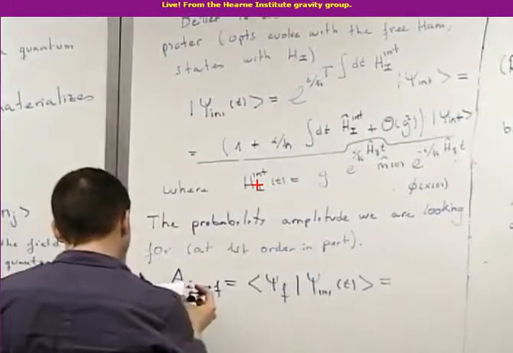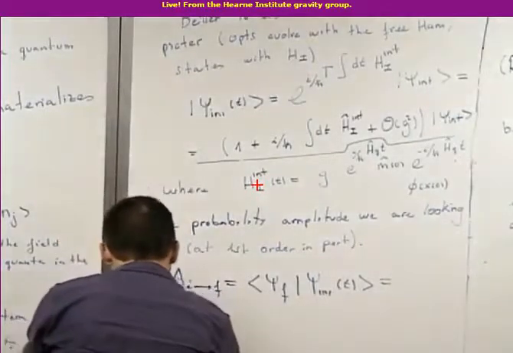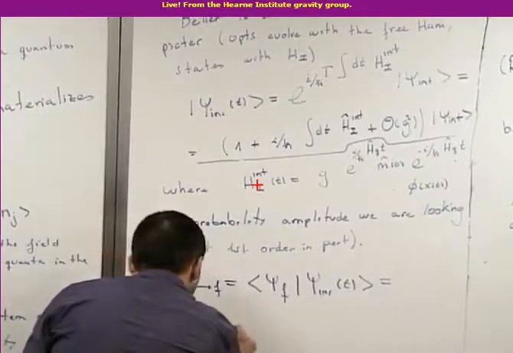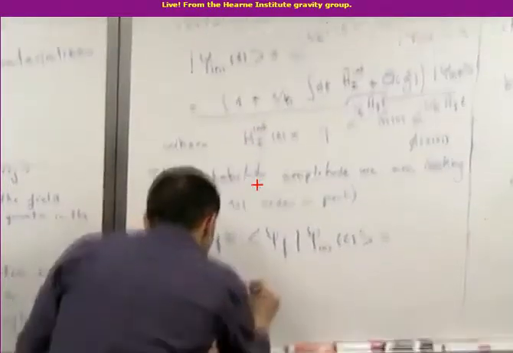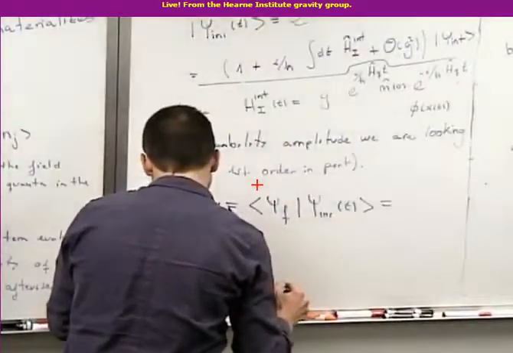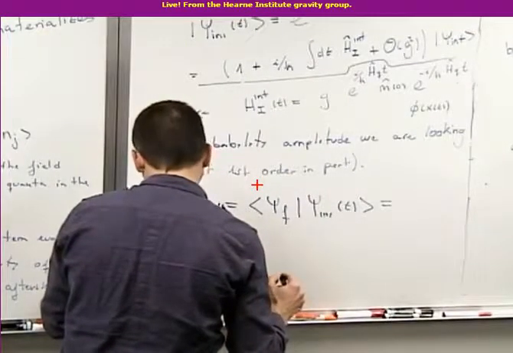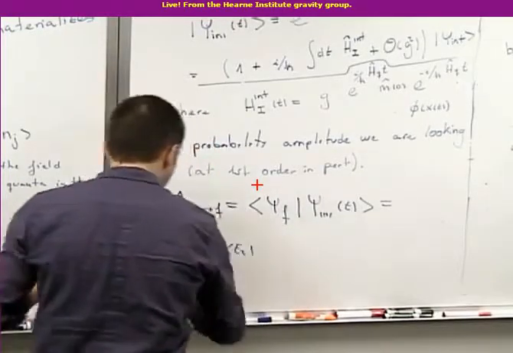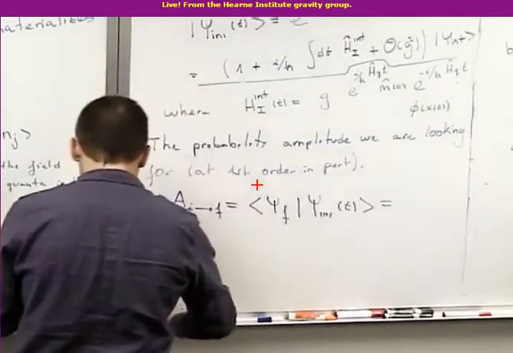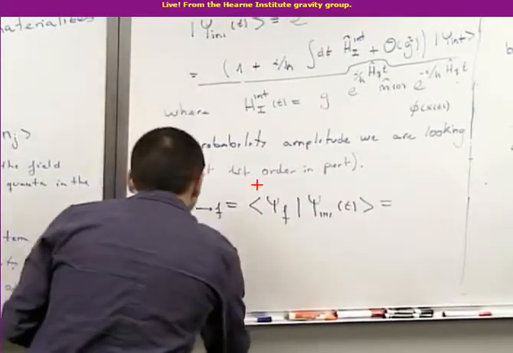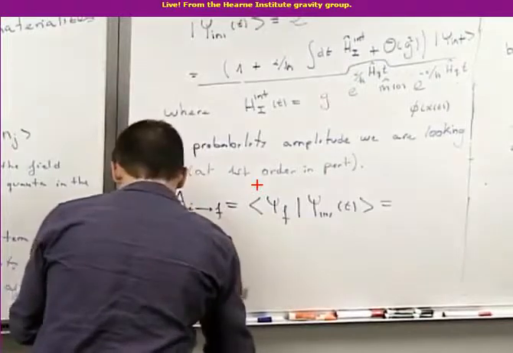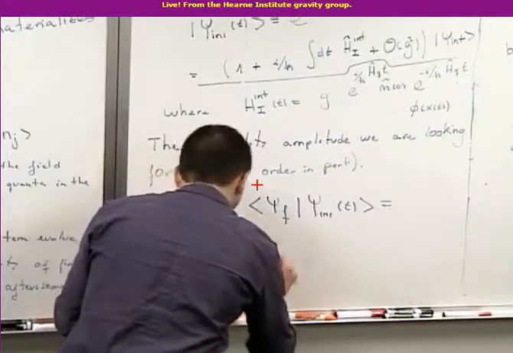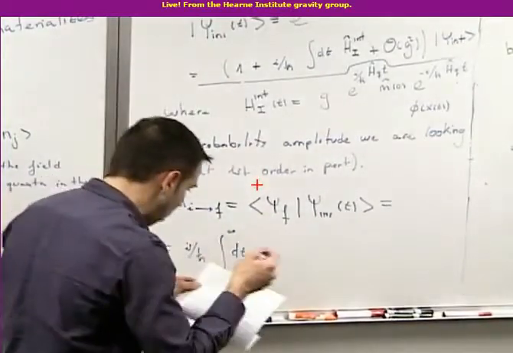So what I will have will be the final state, just let me jump one. So i over H bar, integral in time from minus infinity to infinity, if the apparatus is on for the whole time.